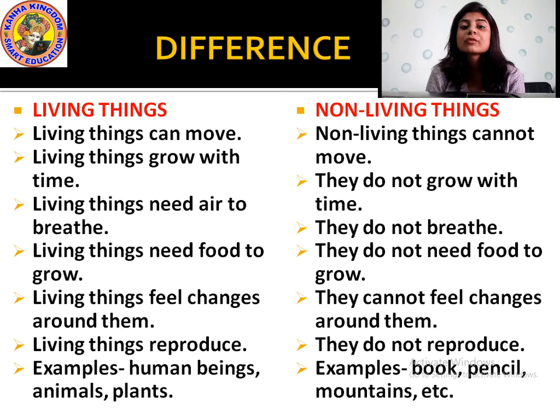All living things reproduce their own kind, but non-living things do not reproduce. Examples of living things are human beings, animals and plants. And examples of non-living things are book, pencil, bat.